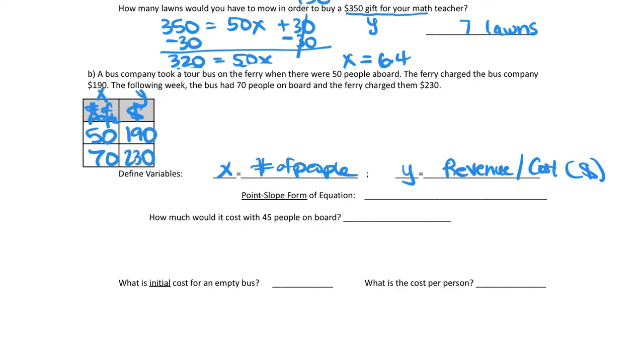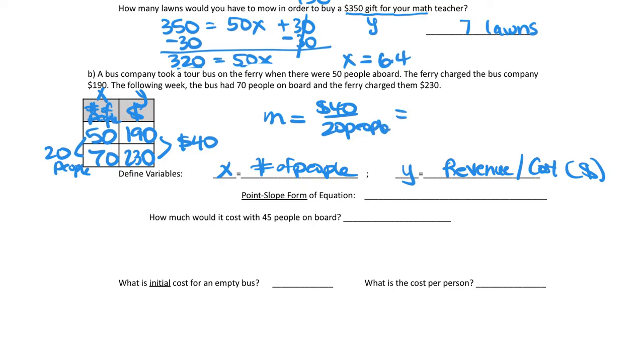And so we want to write this in point slope form. We need to have our slope no matter what kind of equation we have. So if I look here, 50 to 70 is 20 people. And from 190 to 230, that is $40.